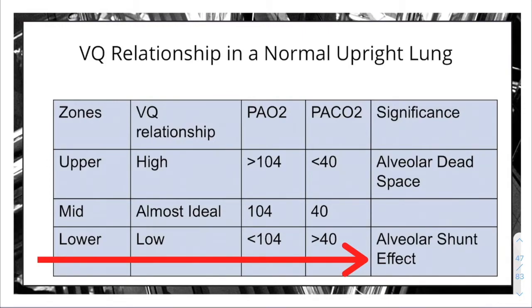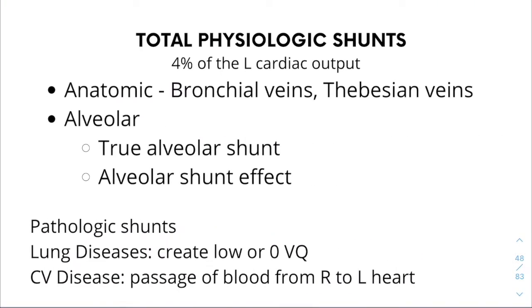Remember your VQ relationship in a normal upright lung. In the lower lung zone, wherein you have a low VQ, you normally have the alveolar shunt effect. So the total physiologic shunt comprises your anatomic shunt, your true alveolar shunt and your alveolar shunt effect.